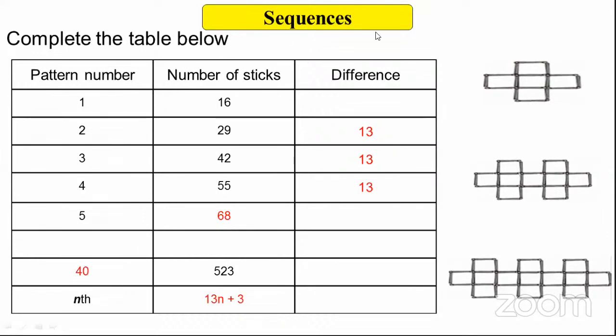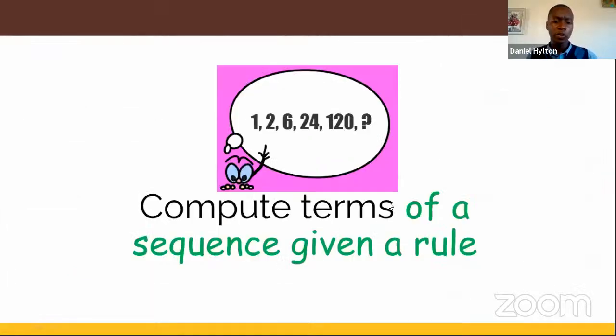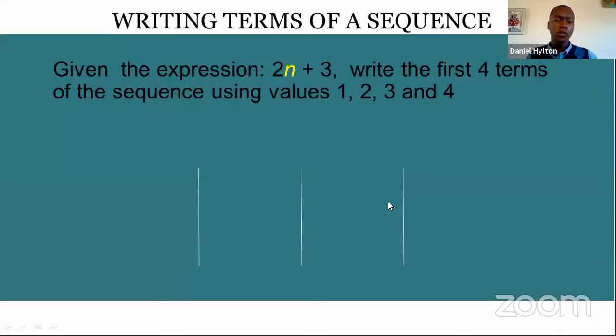All right, let's go into something a bit different now. So now we're going to compute the terms of a given sequence, given the rule for the nth term. So let's look at this one. Given the expression 2n plus 3, write the first 4 terms of this sequence. So go ahead for me.